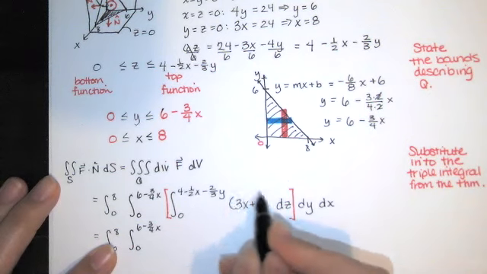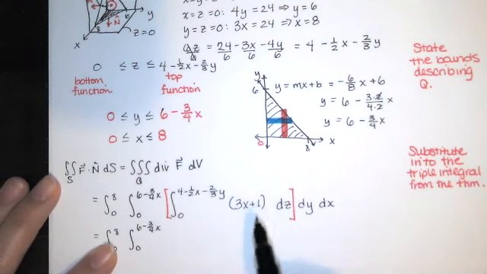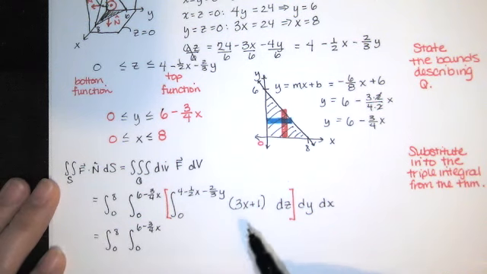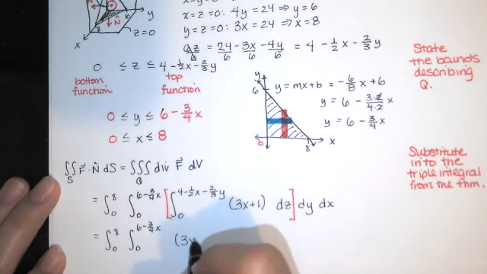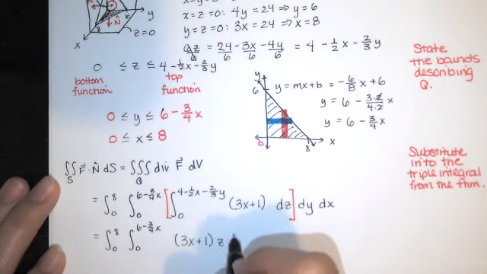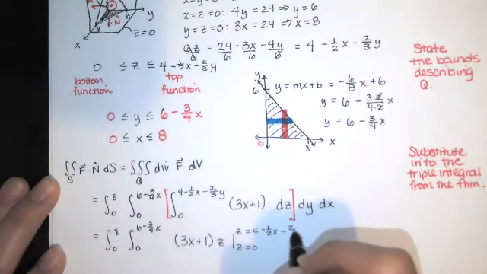So this doesn't have any z's in it. The antiderivative of this with respect to z is like taking the antiderivative of a constant. The antiderivative of a constant with respect to z is that constant times z. And then you evaluate from z equals 0 to z equals the equation of that top plane.